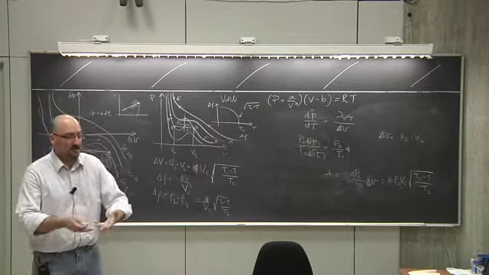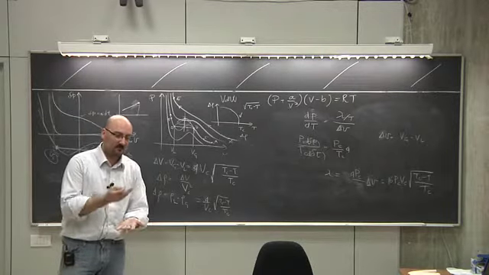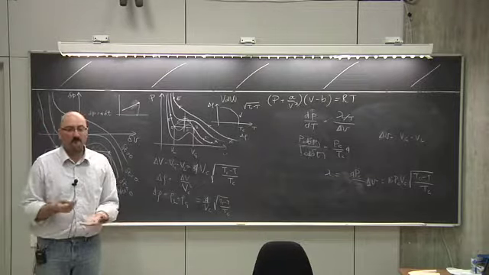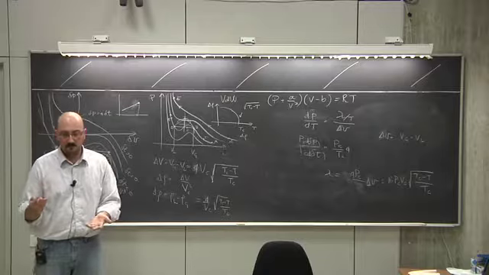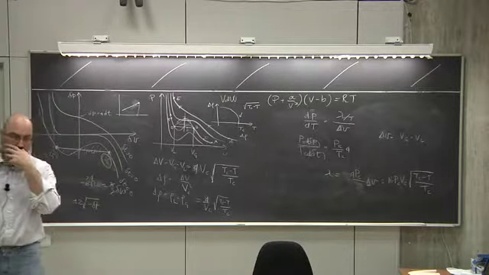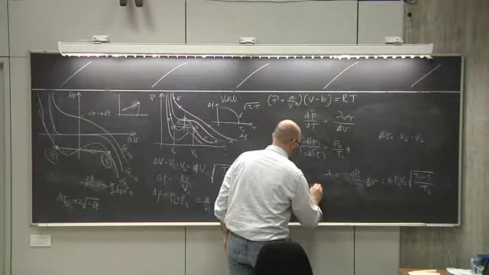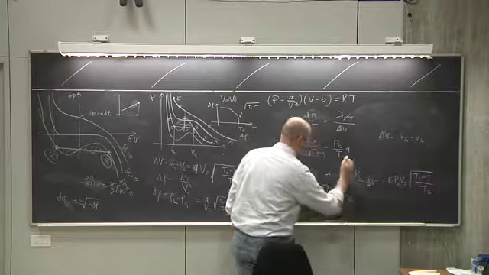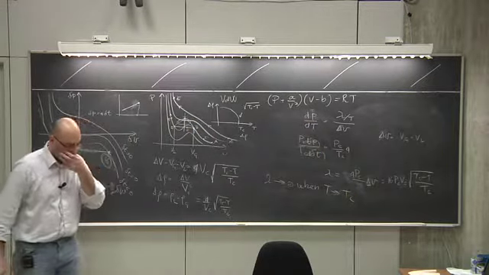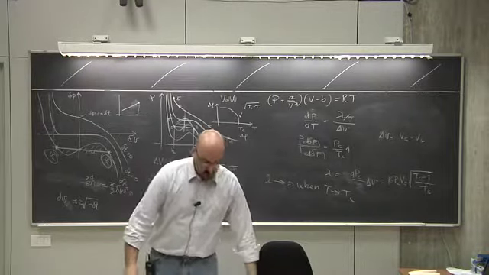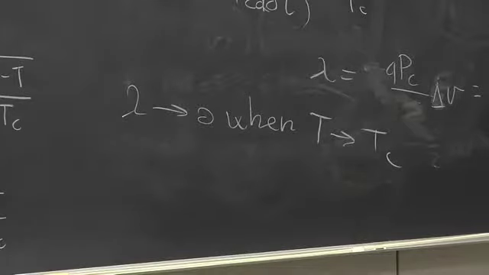You don't need to give any heat to the system in order to vaporize, to send liquid into gas. Because they are the same substance, the same phase. They are becoming the same phase. So lambda goes to 0 when T goes to Tc. So the densities become the same because the difference in density goes to 0. It does not require any work to transform one into the other.